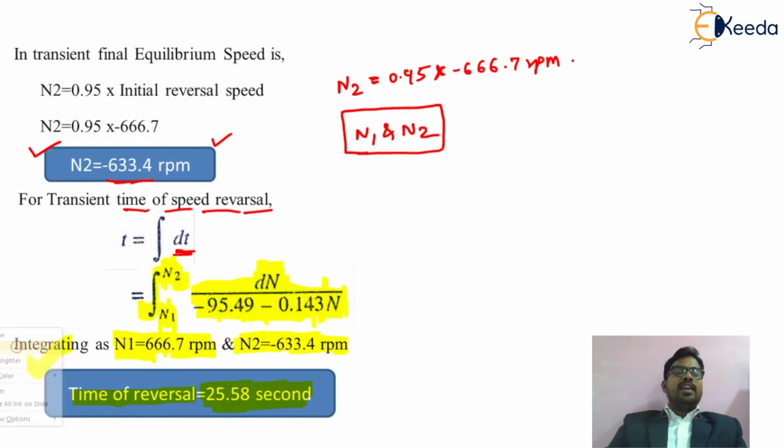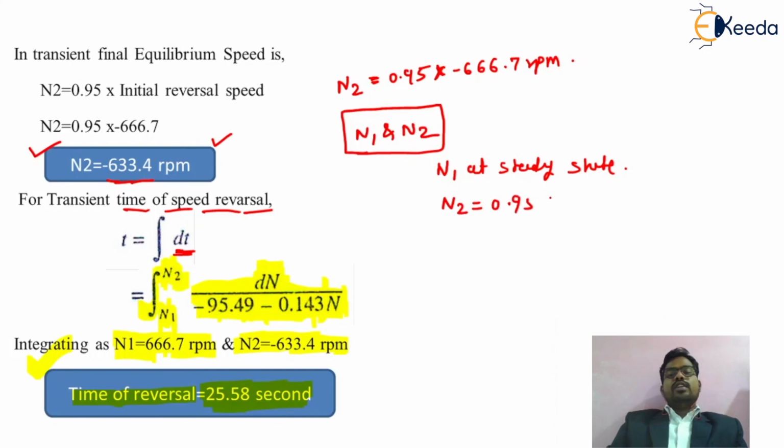So in this way, for the calculation of the time of reversal, first of all we want to find out the value of the speed at the steady state, that is n1. Then we find the value of n2, which we can take directly as 0.95 into the initial value of the reversal speed.